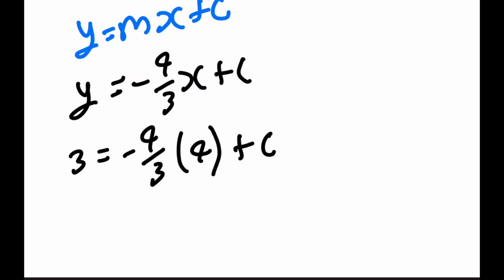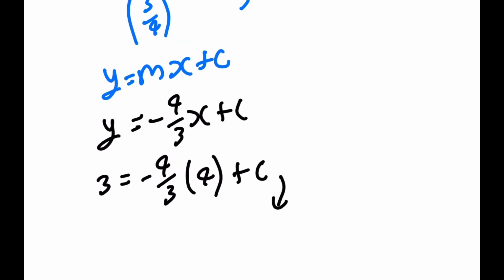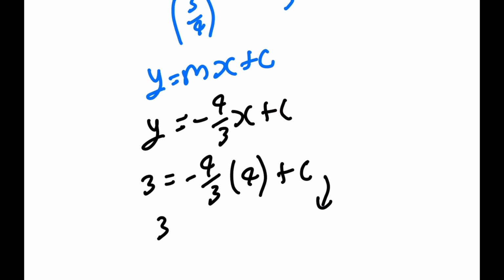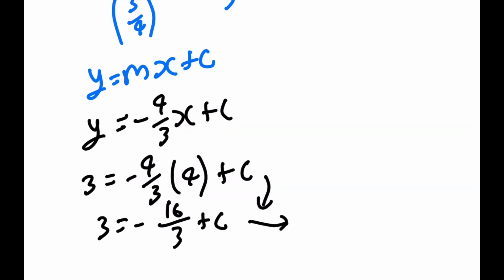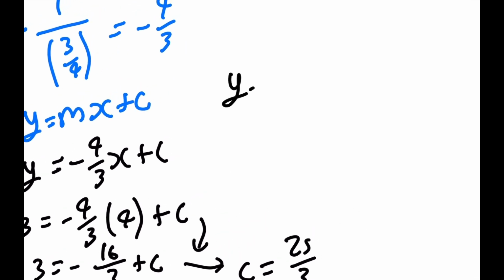Now we solve for c, and we get 3 equals minus 16 over 3 plus c. And we'll add 16 over 3 on both sides. c is equal to 25 over 3. And remember, we can write this out as y equals minus 4 over 3 x plus 25 over 3.